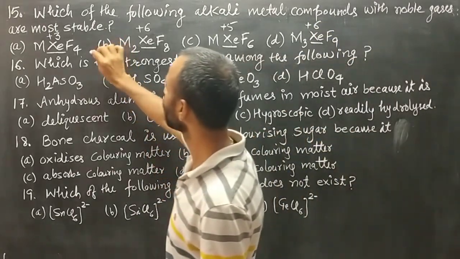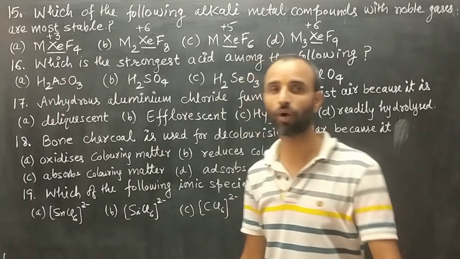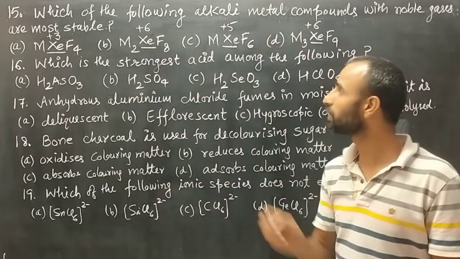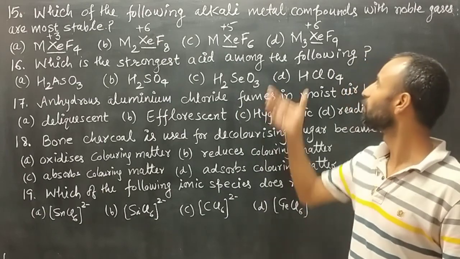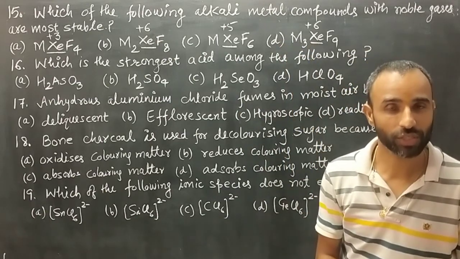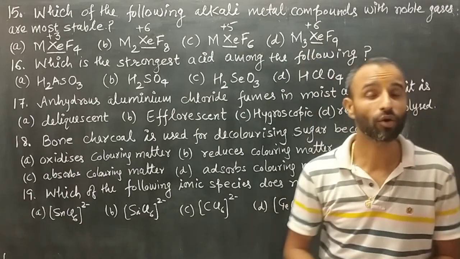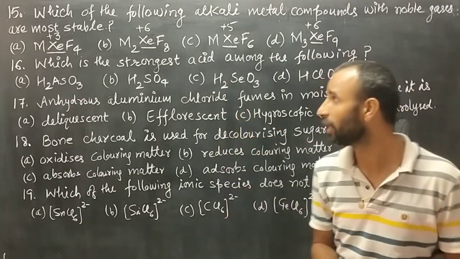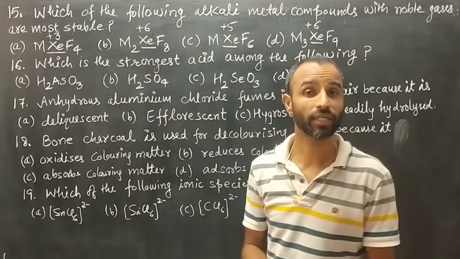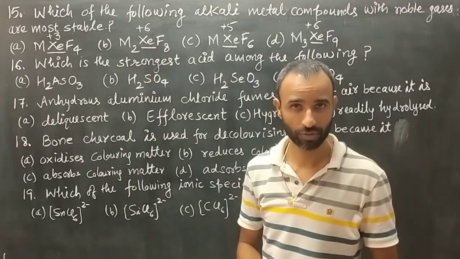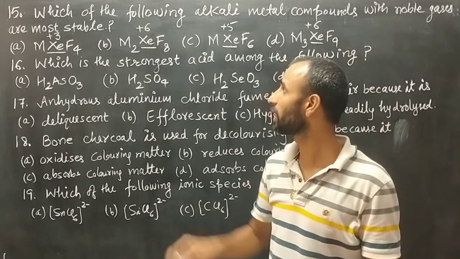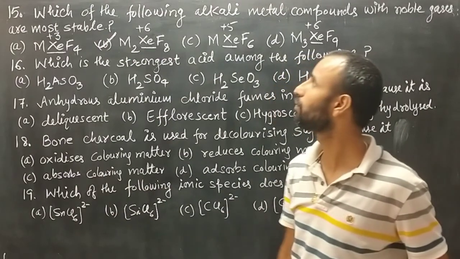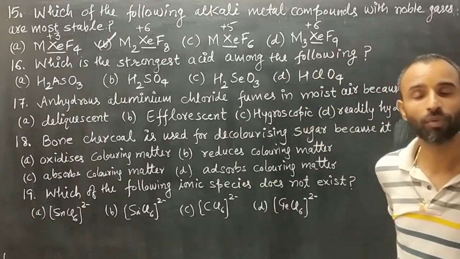So the most oxidized form of xenon is in B and D. We have to choose between B and D. And you know, compound D does not exist because xenon cannot accommodate 9 fluoride ions around it, but it can easily accommodate up to 8 fluoride ions. That's why M2XeF8 is the most stable form.